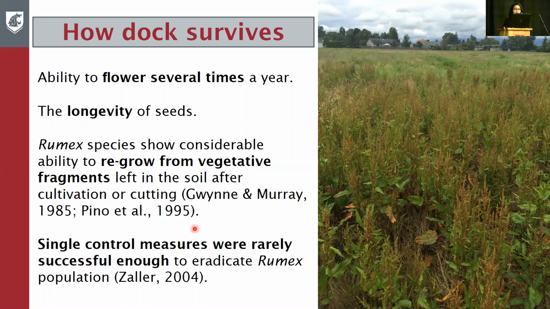Like I showed you before, it has regrowth capability from vegetative fragments of the plant left in the soil after cultivation or even after cutting. The major thing that helps this plant survive in agricultural areas is that single measures were rarely successful enough to control this Rumex population.